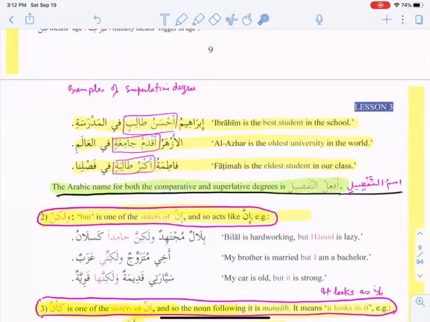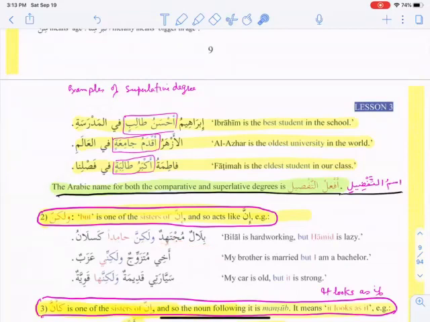Lakinna. What is the meaning of lakinna? But. It is one of the sisters of inna, so it acts like inna. Exactly, acts like inna. Fine. Let's see how it acts. Bilalun mujtahidun. Bilal is mubtada and mujtahidun is khabar.